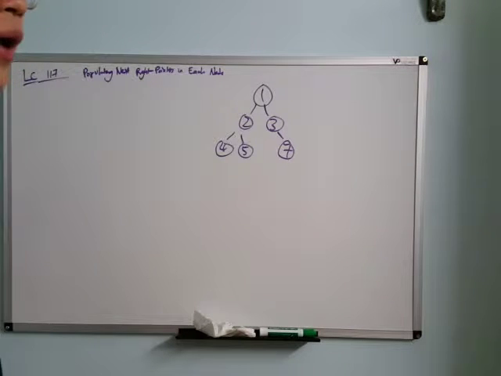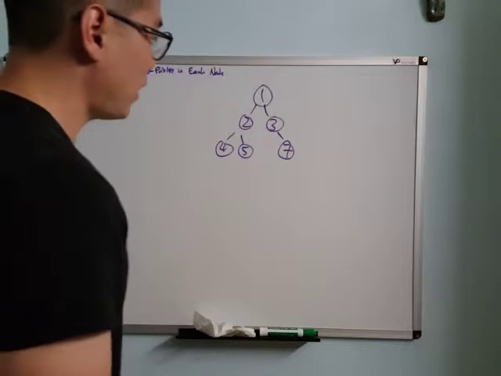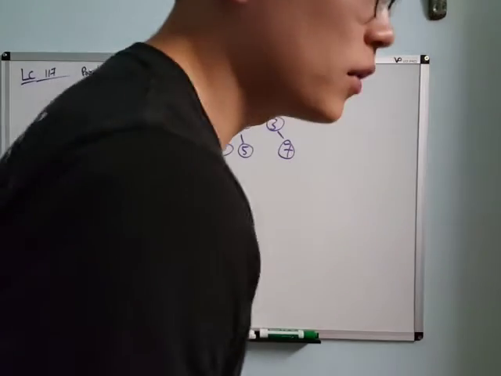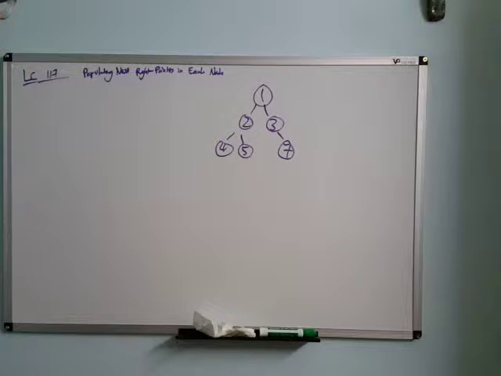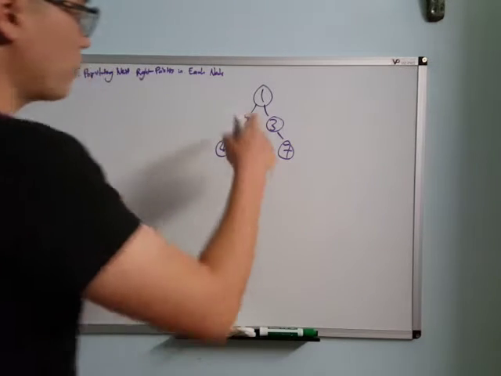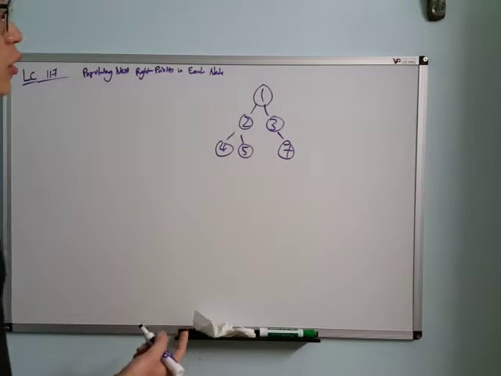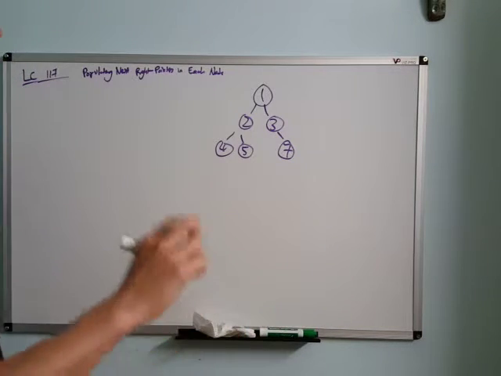So there's a left, right, like every other node class that you've seen, but it also has a next attribute. And that next is initialized to none at first. And what we want to do is have, for each node, the node to its right be its next node.